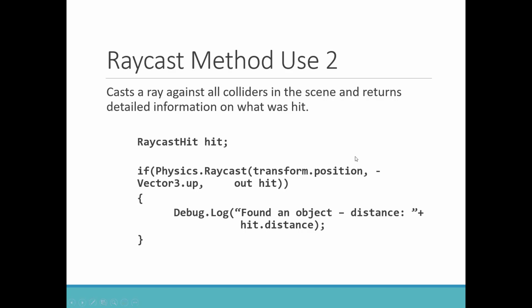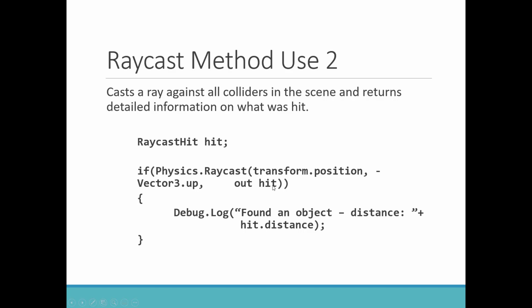And then your Physics.Raycast, you're going to specify, actually I'm shooting down here. So for example, if you're using this for jumping, maybe that could be useful. That's starting from the position of the player, transform.position, negative Vector3.up, that means it's actually going down. And then for out, I get the variable hit.